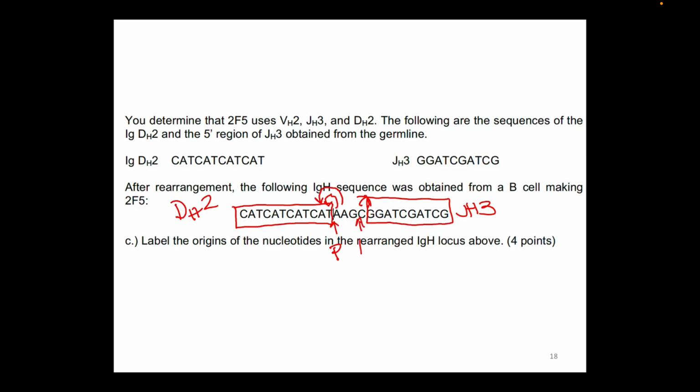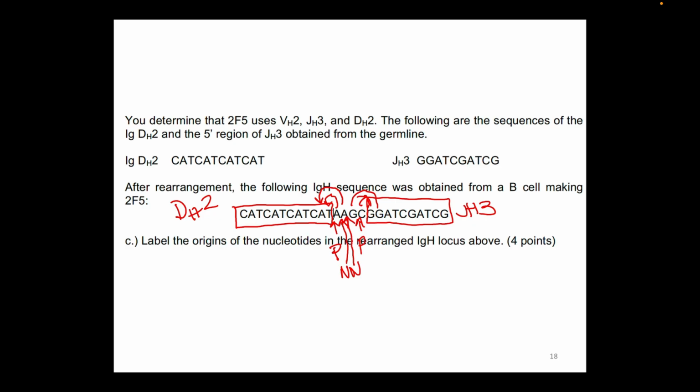So this can be a P nucleotide. Next, we look at this G. If that G had been a P nucleotide, it would have been bound to that base pair, which is a G in this case, and that's not possible. So we know that couldn't have been a P nucleotide. So now we have these 2 leftover nucleotides. They must have been N or random nucleotides that were added by TDT.